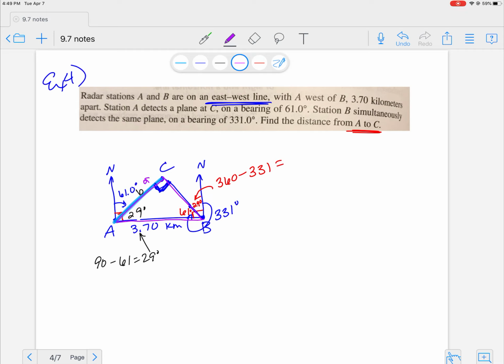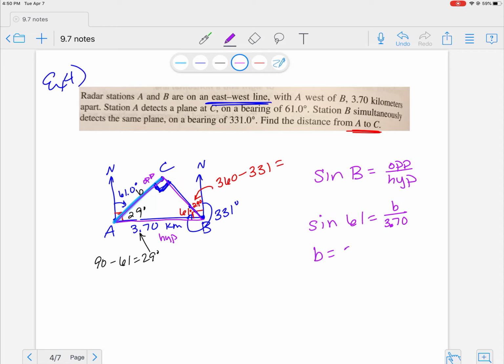This is going to end up being my opposite. And this is the hypotenuse. So sine of B here is going to equal the opposite over the hypotenuse.